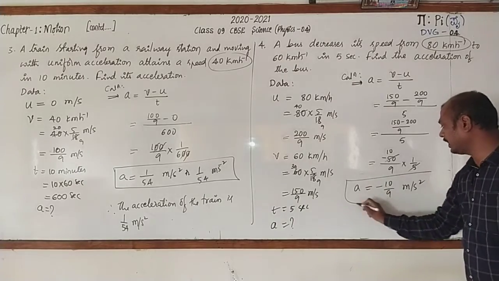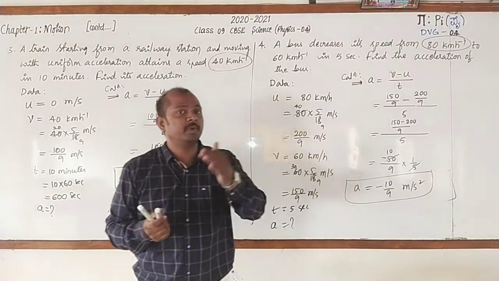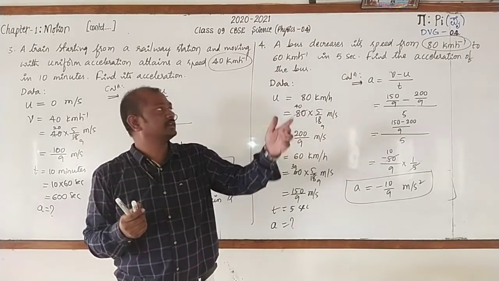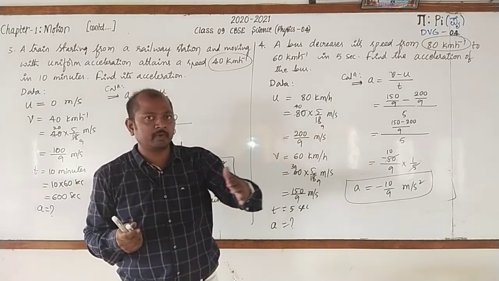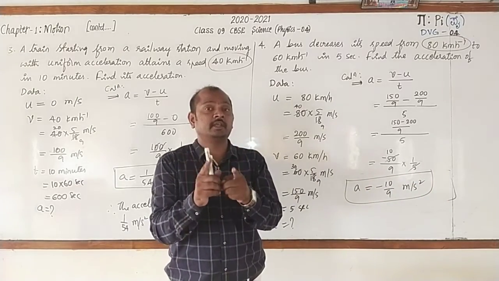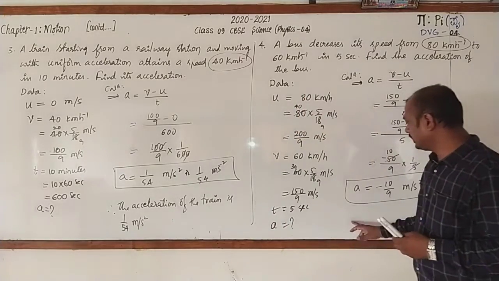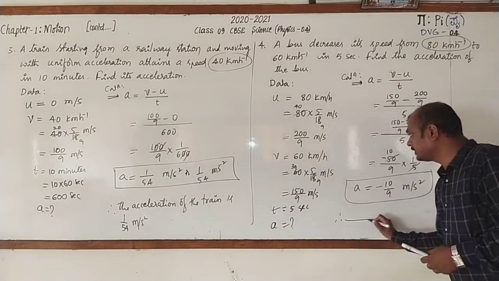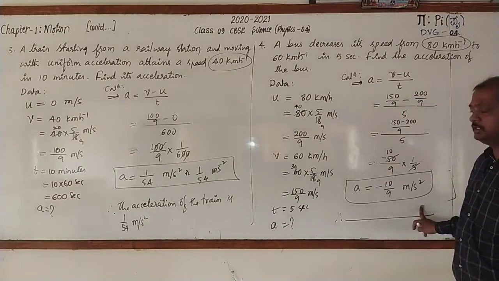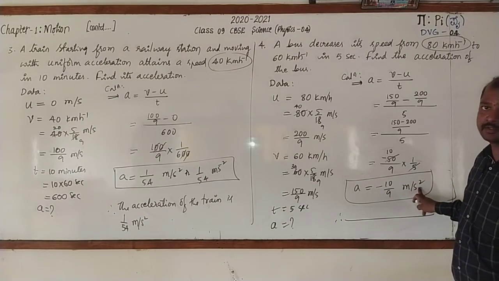See that here we have got negative acceleration. Why? Because the bus was decreasing its speed. See that 80 km per hour to 60 km per hour. Hence it attains negative acceleration. So conclusion we can write. Therefore the acceleration of the bus is minus 10 by 9 meter per second square.